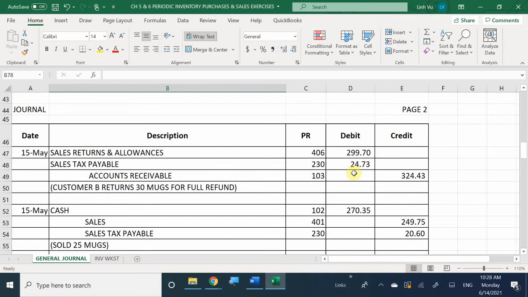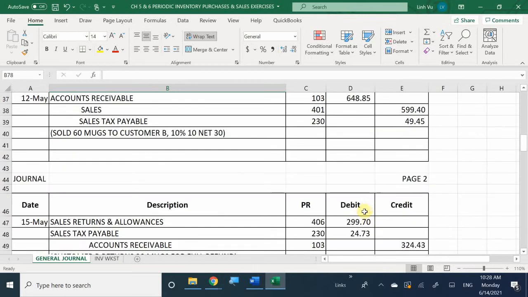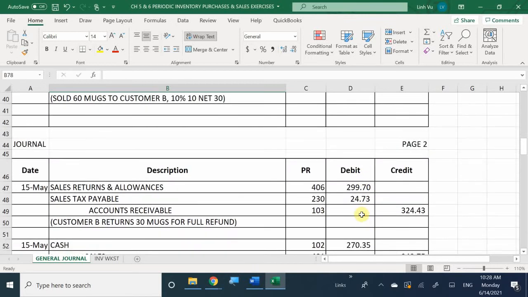So my grand total that customer B owes me is going to be the 648.85 minus the 324.43. So that's how much they owe me.